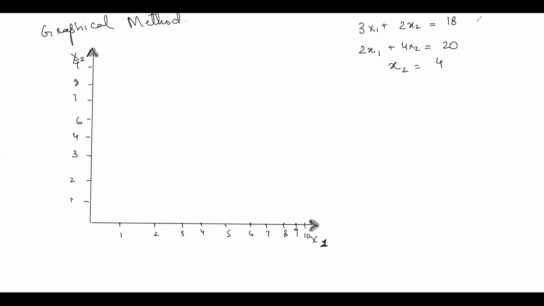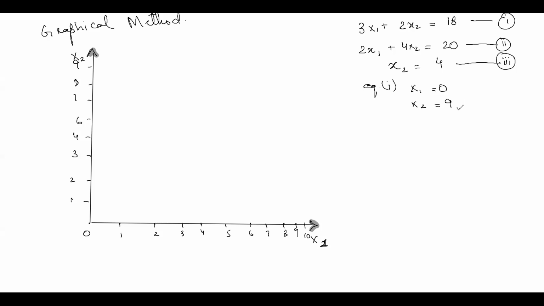For example, for the first equation, let's put x1 equals 0. So this is equation 1, this is equation 2, this is equation 3. From equation 1, x1 equals 0 means this point. When x1 equals 0, x2 becomes 9.